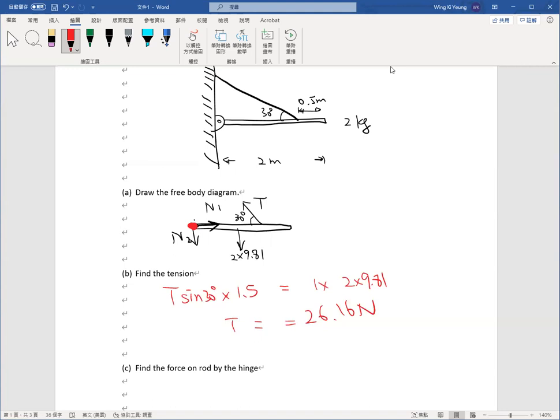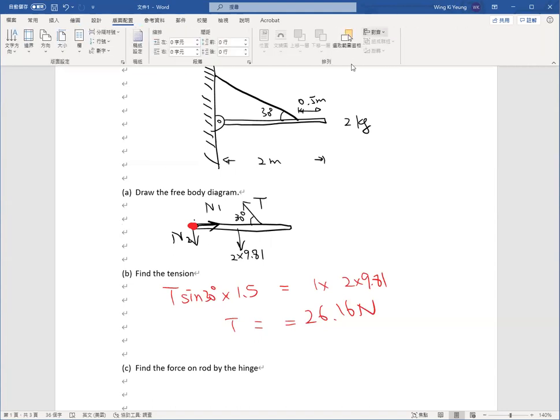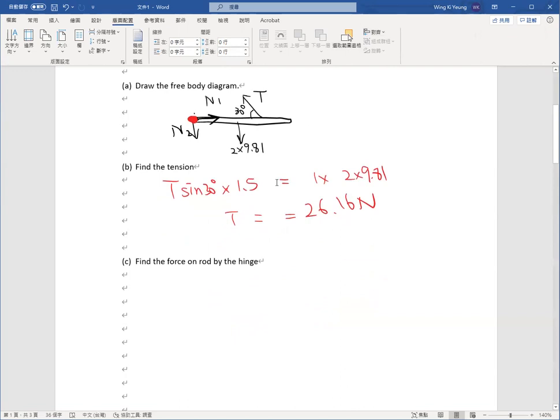Okay, so how about the force acting on the rod by the hinge? Now, the rod is in equilibrium. So that means the conditions of net moment being 0 and net force being 0 are both satisfied. We have considered net moment to be 0 in part B. Then for part C, we consider net force is 0.